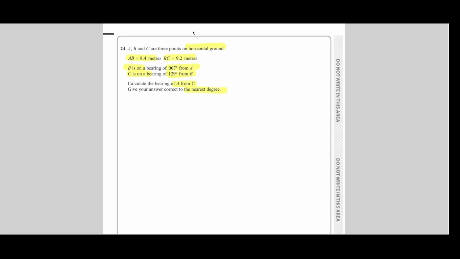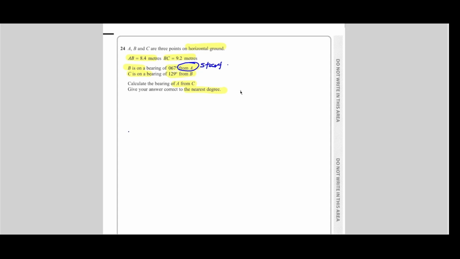When you are getting a bearing question, there is a very significant point, which is "from A." This is your starting position. You need to get the start of this question here.